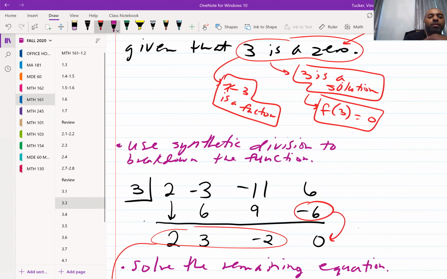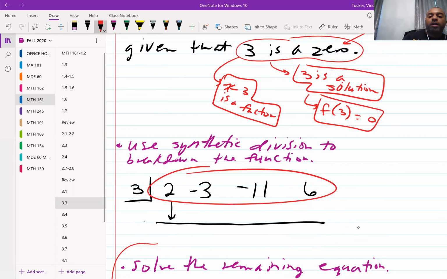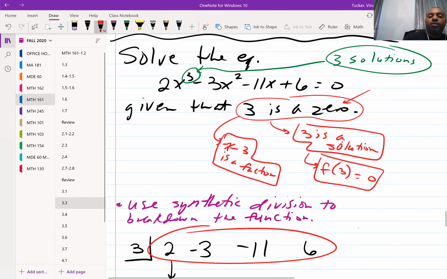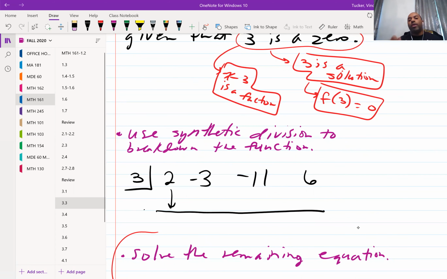All right, so let me erase this stuff. All right, so we have 3 that goes in the box. Then we use the coefficients of our equation, 2, -3, -11, and +6. Now, we know that 3 is a 0.